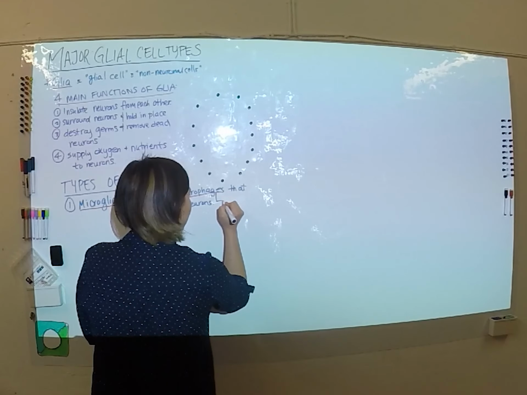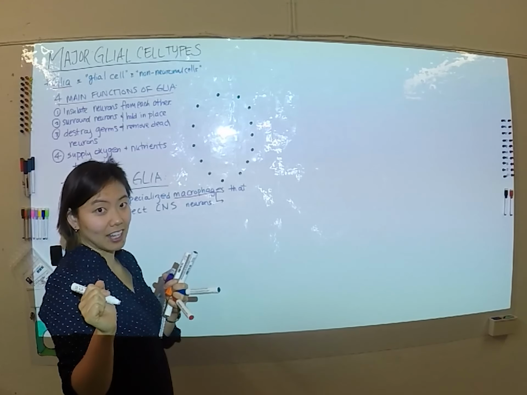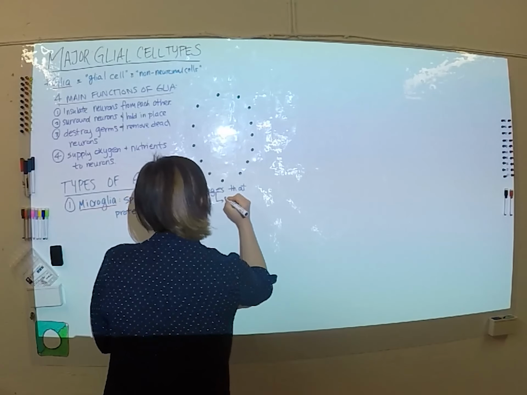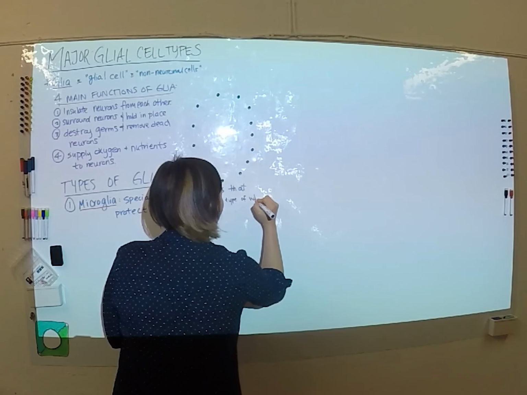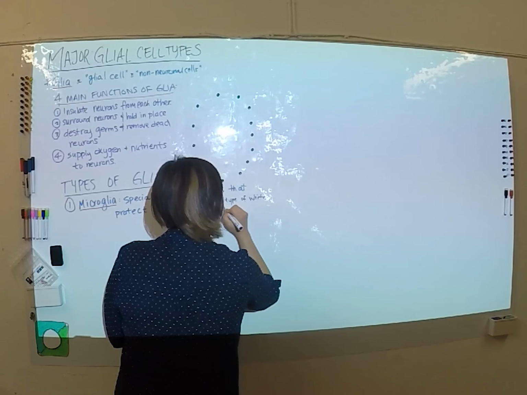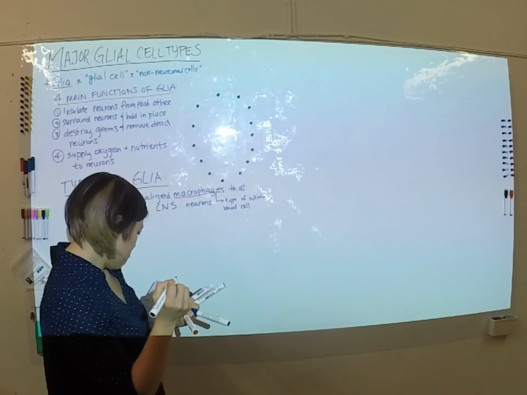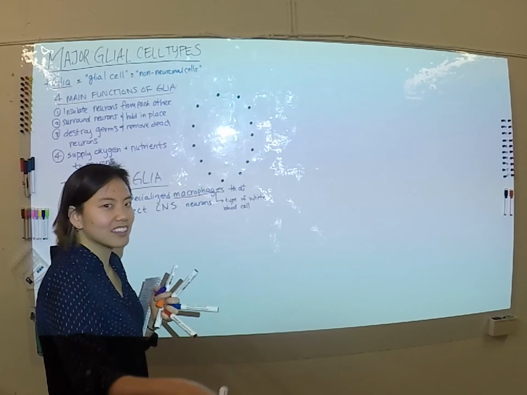A macrophage is a type of white blood cell, which is a cell type in your immune system. A type of white blood cell of the immune system that eats germs, bad stuff.